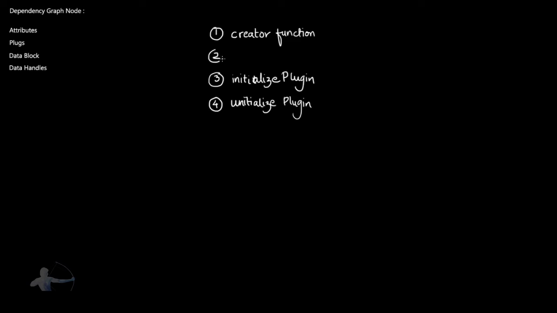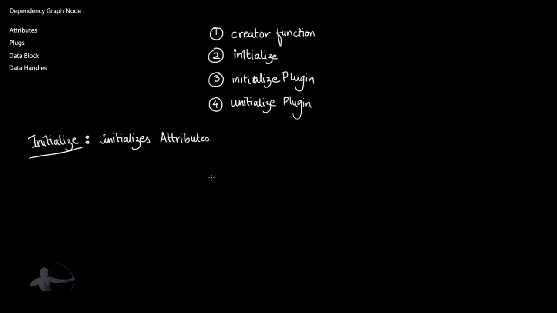Second thing is we need an extra function which we did not use for creating Maya commands, and this is the initialize function. You can also call it the initialize node function, but I'm calling it the initialize function. What this function does is it initializes all the attributes of a node.